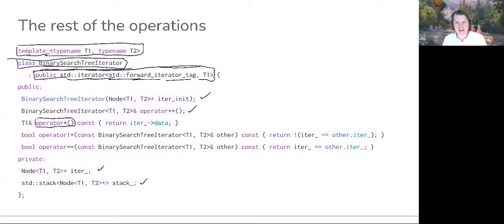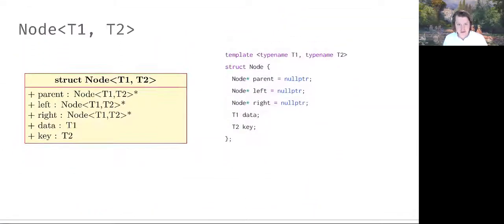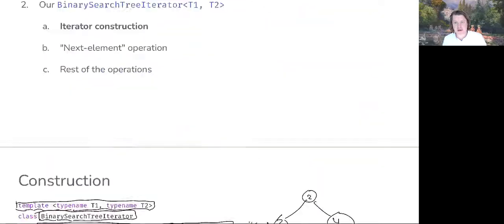But with the doubly linked list iterator, we return the data, so it made sense to do that here as well. Remember, iter is pointing to our binary search tree node, and data is one of its members. So the dereference operation there is just returning data.